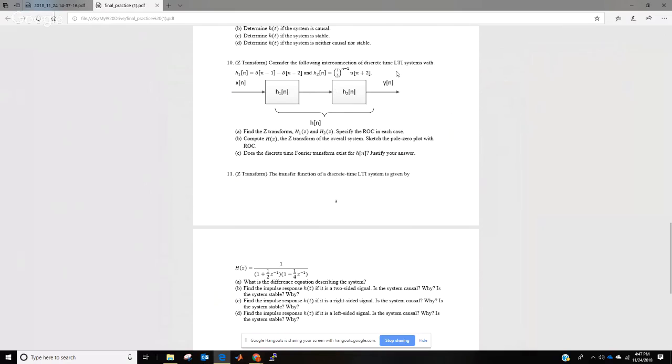We're given both of our impulse responses, and we're asked to find the Z transform of both H1 and H2 and specify their regions of convergence, then calculate the total impulse response and sketch its pole-zero plot and its region of convergence, and then determine if there's a discrete time Fourier transform. Could we do a Fourier transform for this instead of a Z transform, and justify our answers?